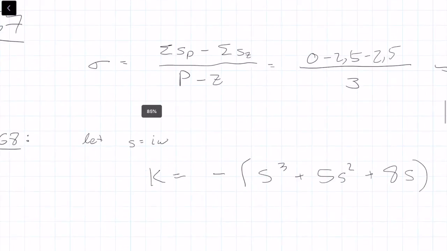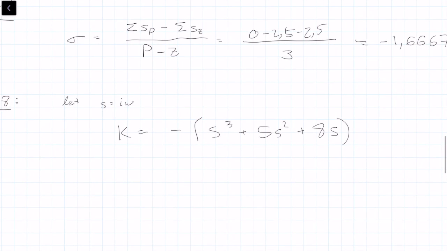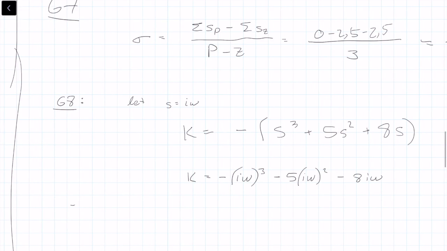Okay, so using that now, let's substitute I omega, so K equals minus I omega cubed plus 5, actually we're taking that minus in, minus I omega squared minus 8 I omega. Now what we're going to do is equate reals and imaginary.